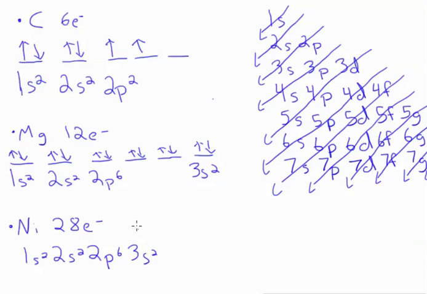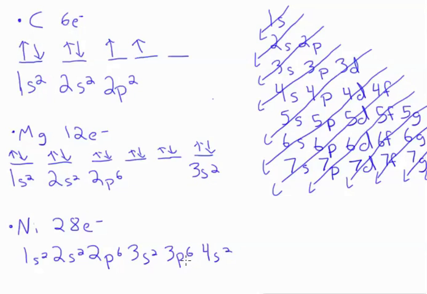After 3s, we go to the next arrow, and we start right here with 3p. And that's 3p6. And then we've got to make sure we're following the aufbau diagram, because otherwise we would go to 3d10 next, and that's not right. Next, according to this, is 4s. So 4s2. We know that this was 12. So this is 18. So this is 20.